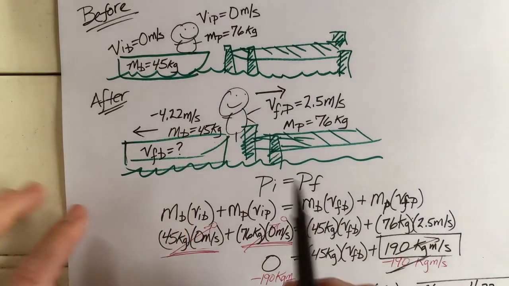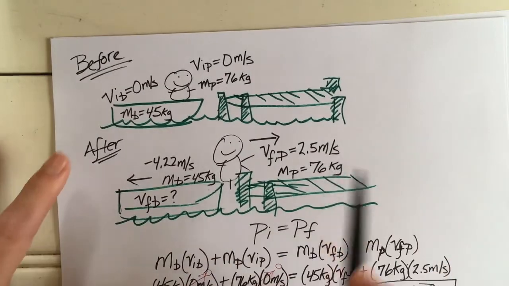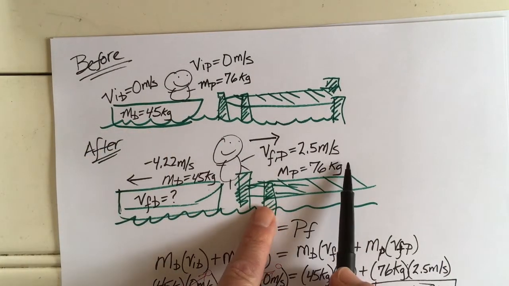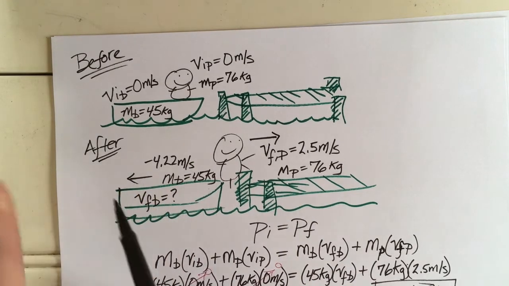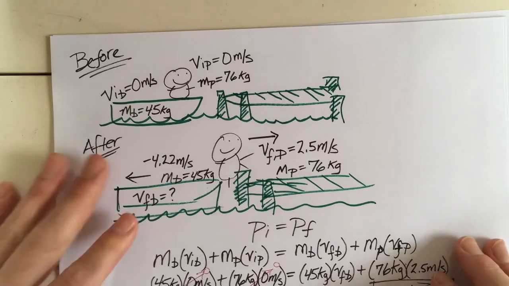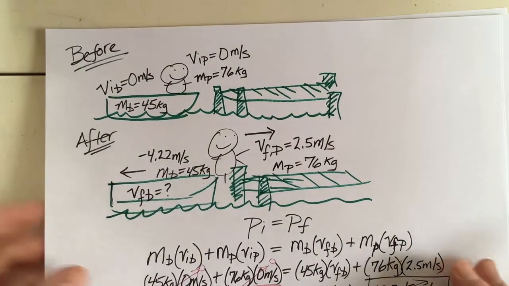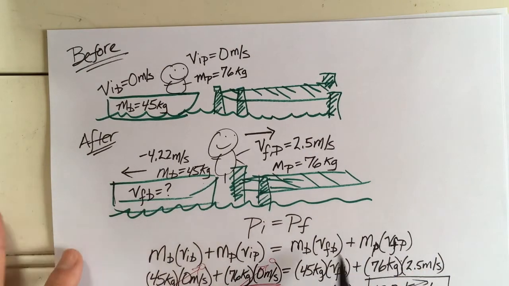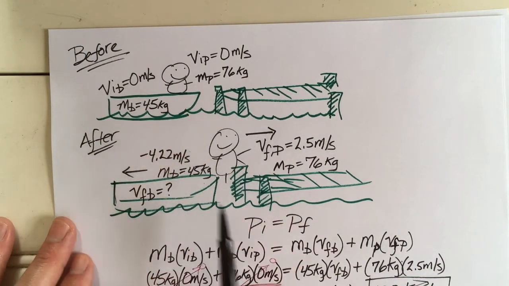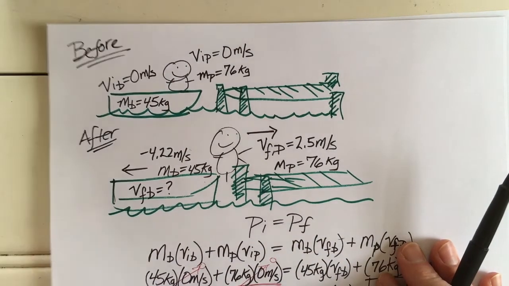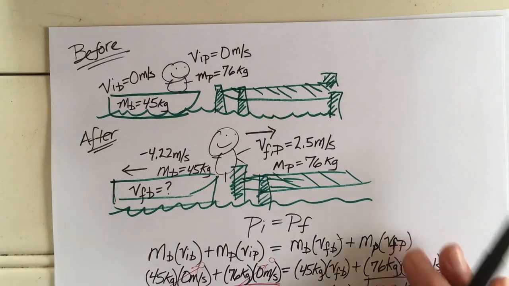So in this case, momentum is still conserved because we have 0 initial and we have 190 to the right and 190 to the left here from the boat, and so 0 final. All right, so here that's how we're seeing momentum conserved. Kind of 2 different ways there, but that's the idea, right? That during a collision, and this is a collision, even just a person stepping off of a boat, the momentum is conserved. All right, hopefully that helps.